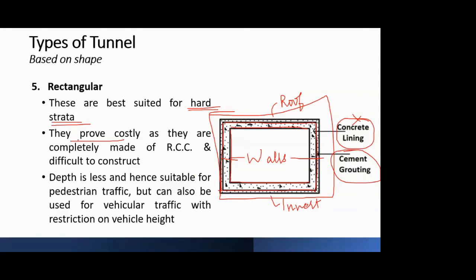The same I've written here: this proves to be costly and uneconomical, as they are completely made of RCC. It's like a box you are making of RCC. If you have seen the underpasses near our college, where your vehicles go from the bottom side and a railway track goes from the top, that is a perfect rectangular box, and the whole box is made of concrete.